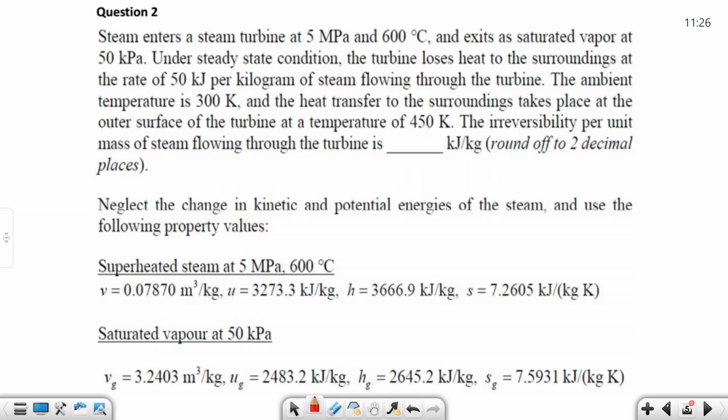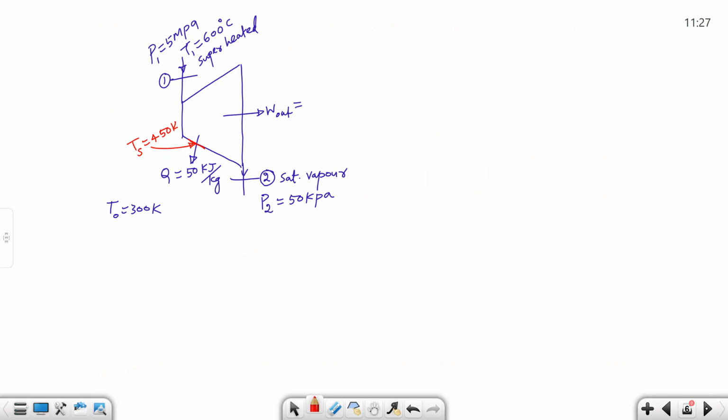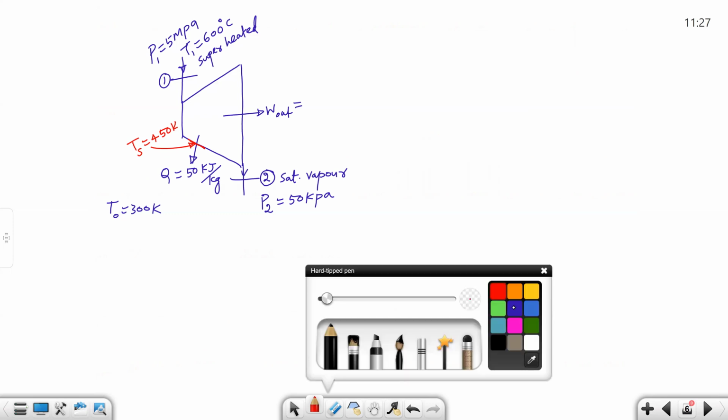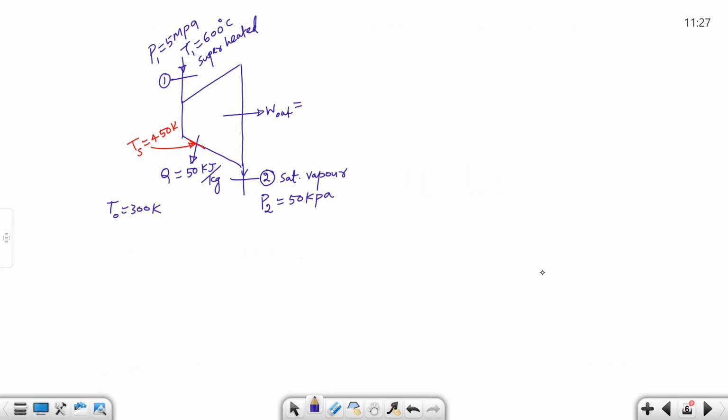The irreversibility per unit mass of steam flowing through the turbine. So what is asked is irreversibility. Irreversibility is T0 into entropy change of the universe, or T0 into entropy generation.